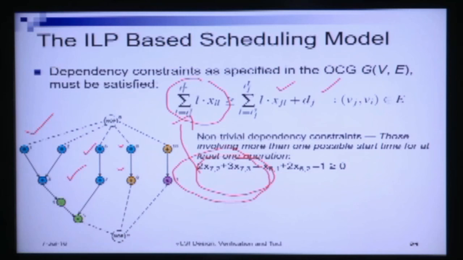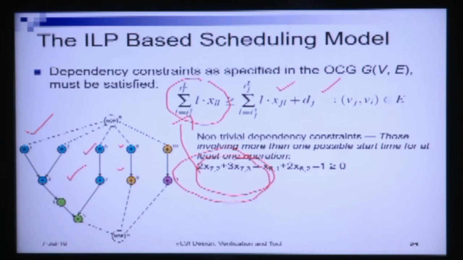Summation of l into x_il. Here we are saying that the 7th operation, i equals 7, and time steps are 2 and 3, l equals 2 and 3. So, we know that the 7th operation can start either in the 3rd time step or in the 2nd time step. If it starts in the 2nd time step, its time is given by 2 into x7,2.